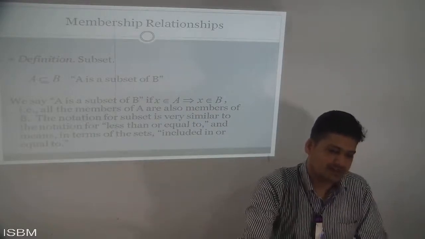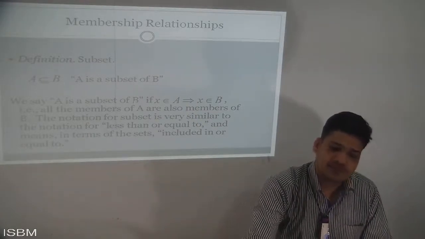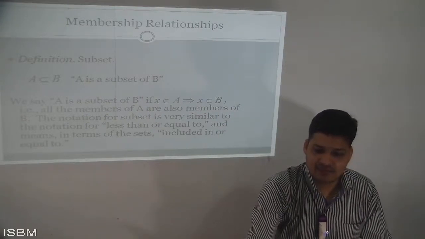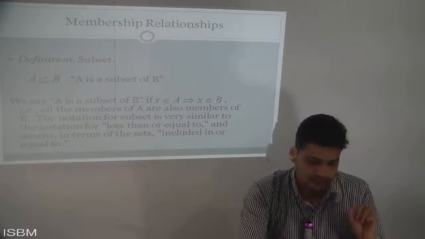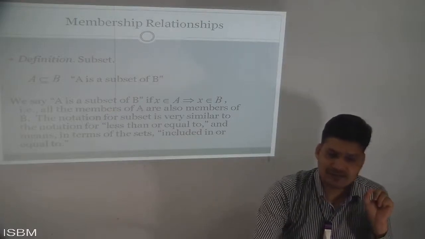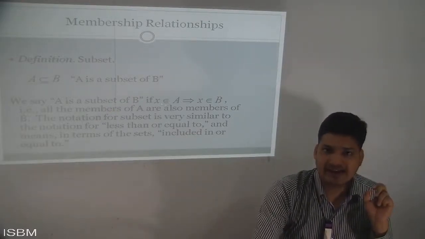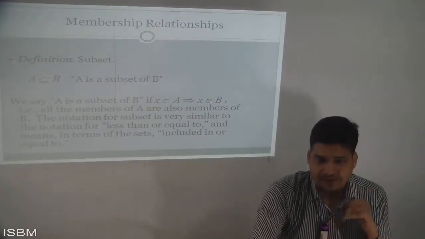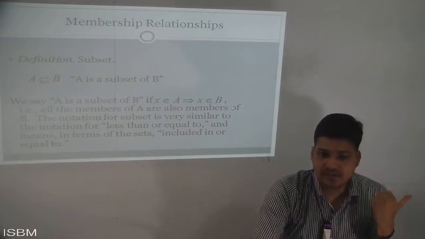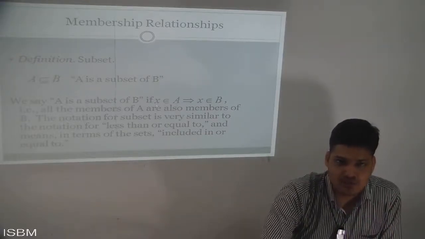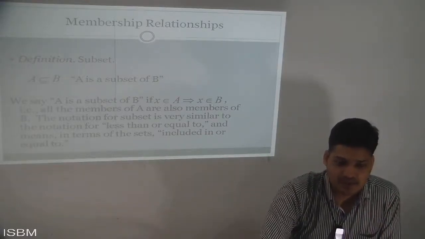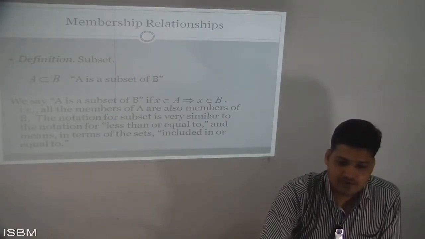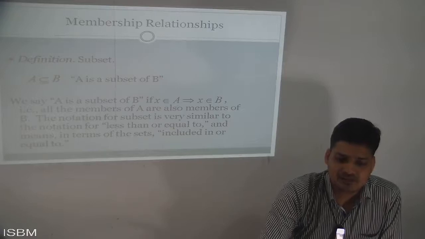How do we say that? We say that A is a subset of B if x is a member of A and x is a member of B. So x belongs to both A and B, where x is anything. That is, all the members of A are also members of B. What is the meaning of this?